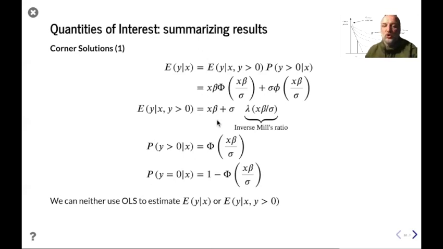So you cannot identify beta by simply regressing y on x using only the observations where y is positive. That was what we saw in the very beginning, that you get biased estimates if you try to do so anyway. What you need to do is take account of these nonlinearities during the estimation. You could do nonlinear least squares using these regression functions, or you could do maximum likelihood, just like we are doing.